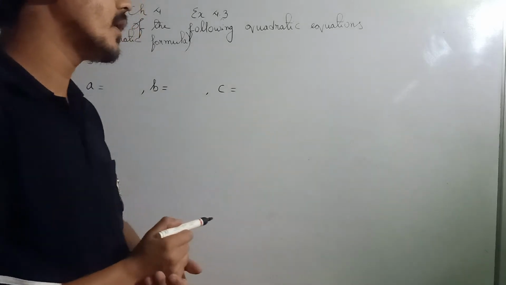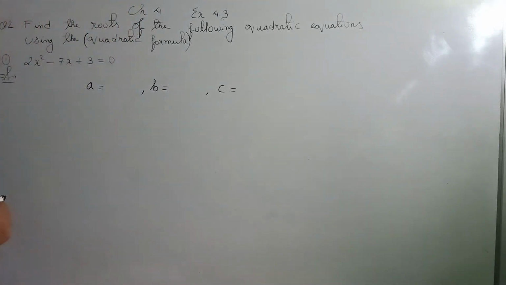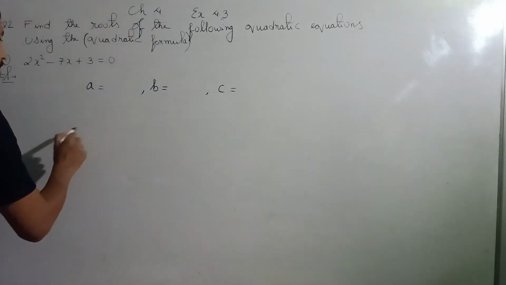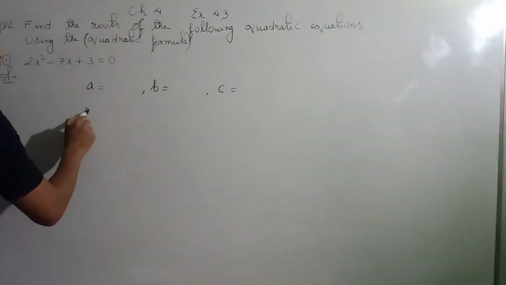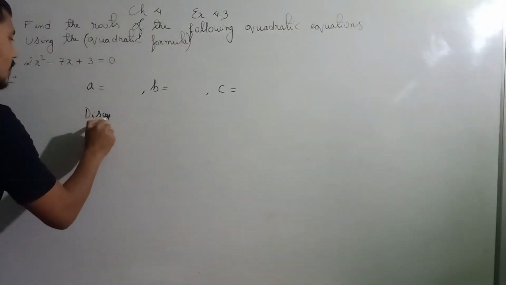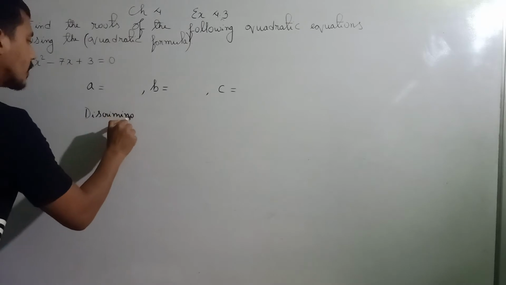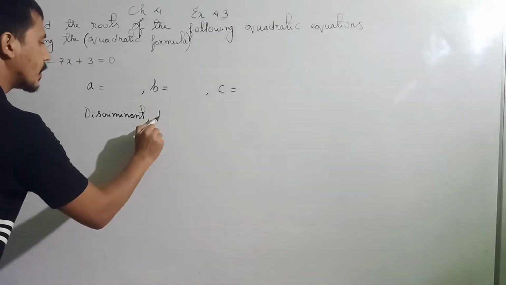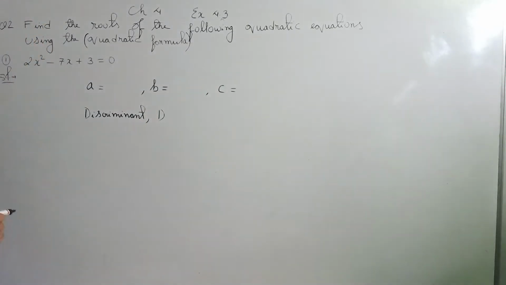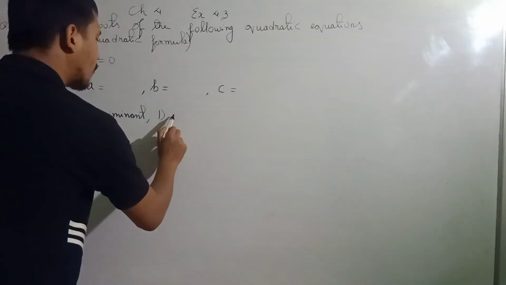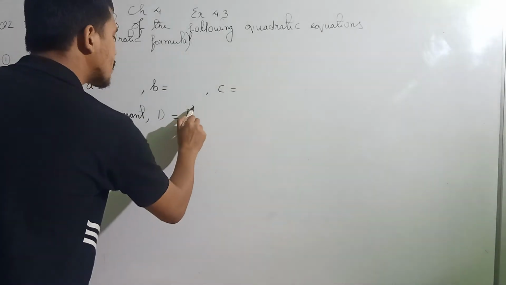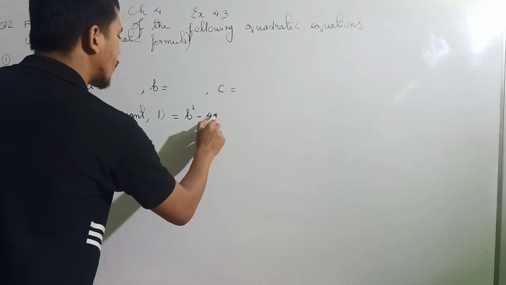Now we need to find out a certain quantity known as discriminant, denoted by capital D, and discriminant is given by the formula b square minus 4ac.